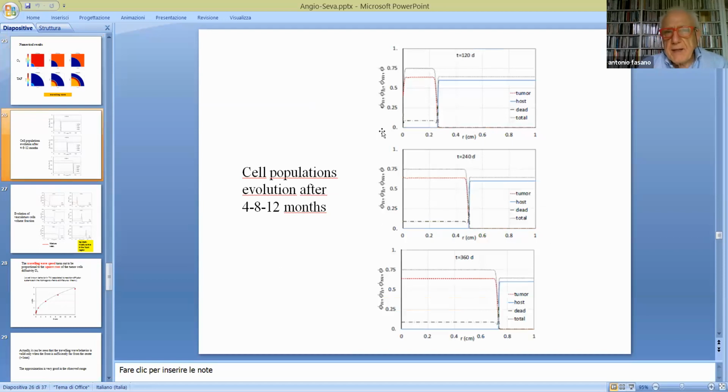And you see that the traveling wave for the cell population is very clearly visible.